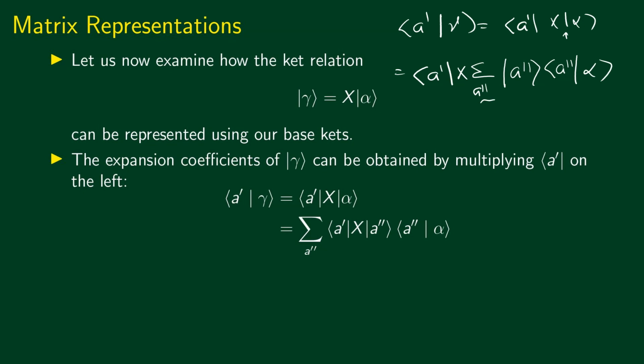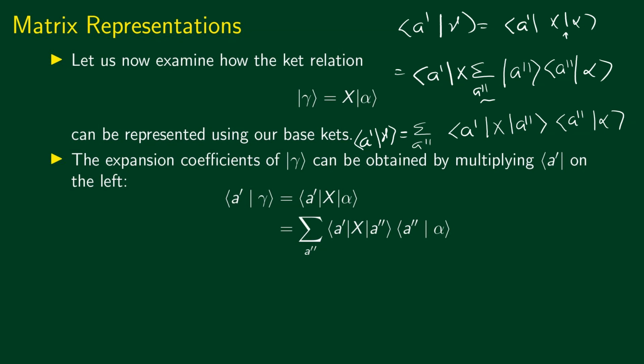Let me pull the summation out. So this is the sum over A'' of bra A' X ket A'' and then bra A'' ket alpha. And what do I have on the left side? This is bra A' ket gamma.